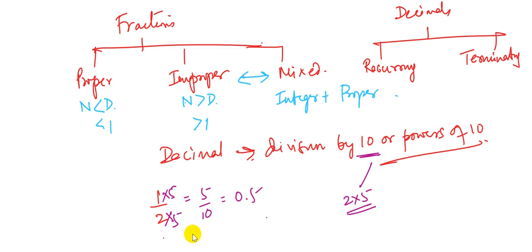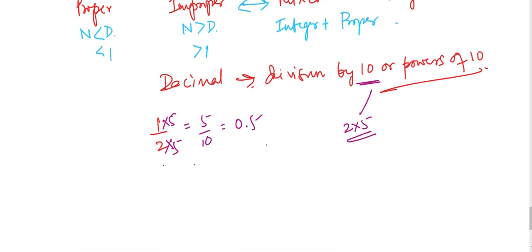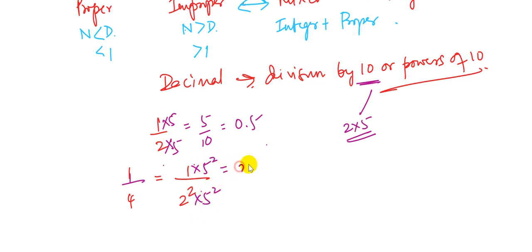It can be a combination of 2 and 5, right. For example, if I have 1 by 4, this is 1 by 2 square. So I can multiply by 5 square over 5 square, this becomes 25 by 100, which is 0.25. If I have 1 by 20, this is 1 by 2 square into 5.